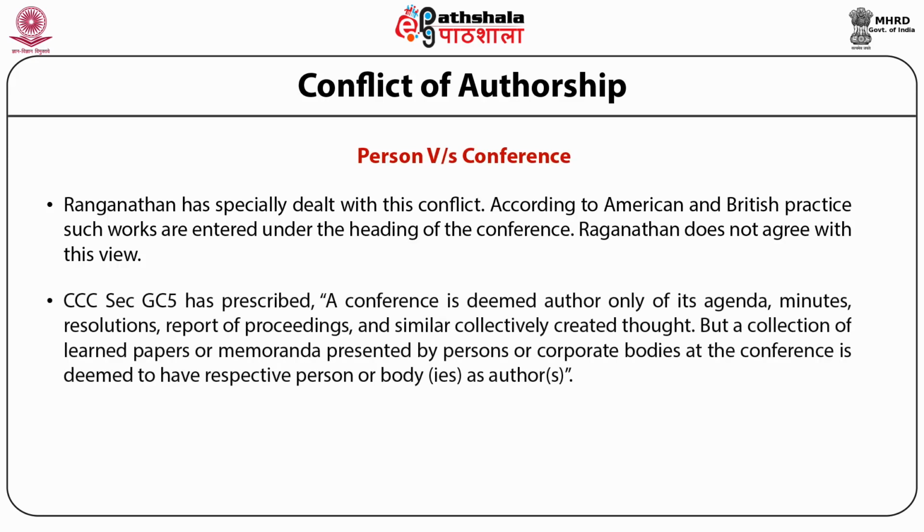CCC section GC5 has prescribed that a conference is deemed author only of its agenda, minutes, resolutions, report of proceedings, and similar collective created thought, but a collection of learned papers or memoranda presented by persons or corporate bodies at the conference is deemed to have the respective person or body or bodies as author or authors.